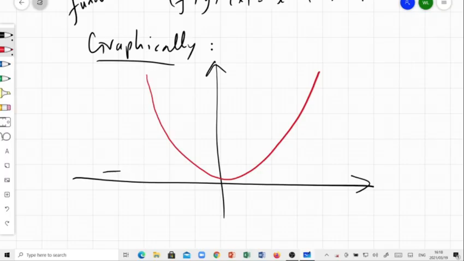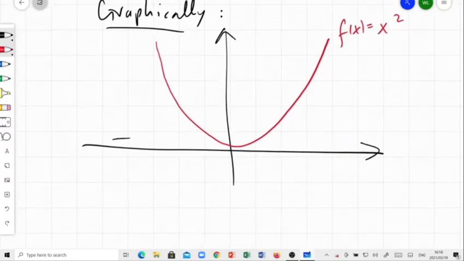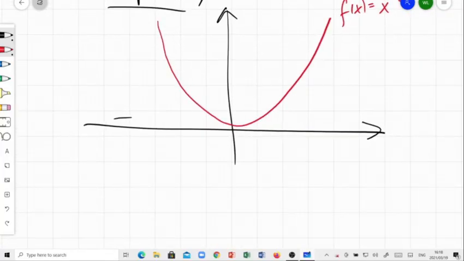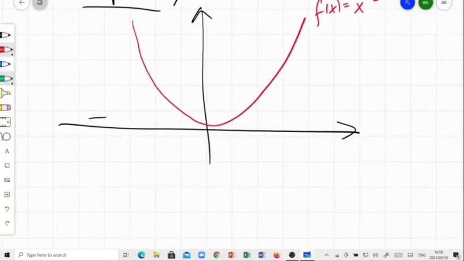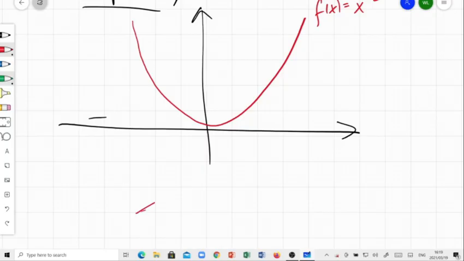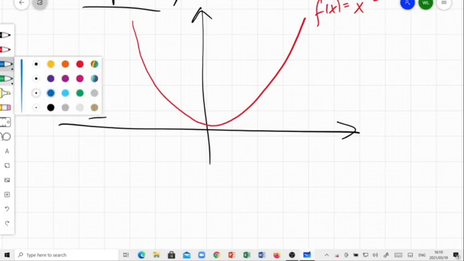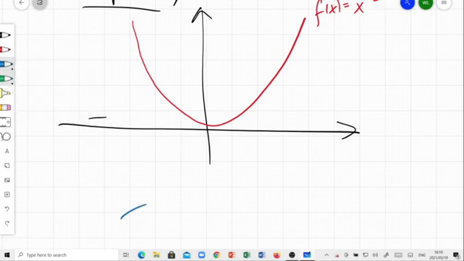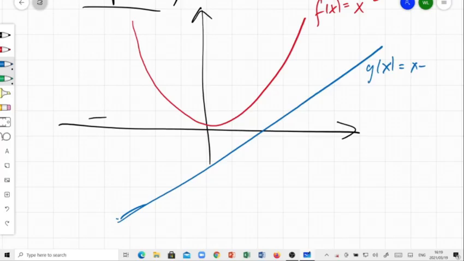Then we've got the next function, g of x equals x minus 1, which everyone knows is this line. Let's put it in blue. Okay, let's see if I can manage to change the color. Yes. So here is my second function, g of x equals x minus 1. It cuts the y-axis at minus 1.